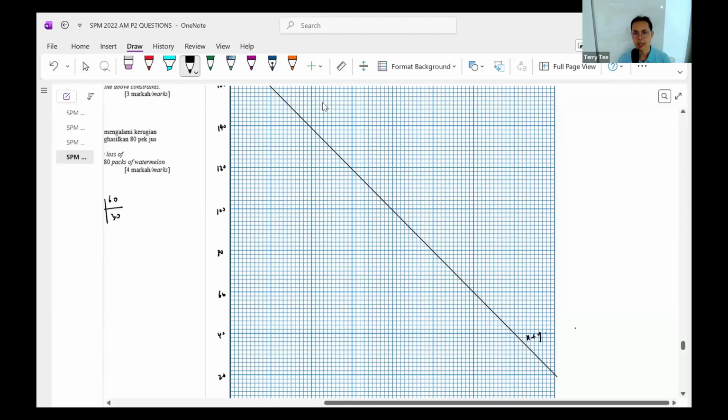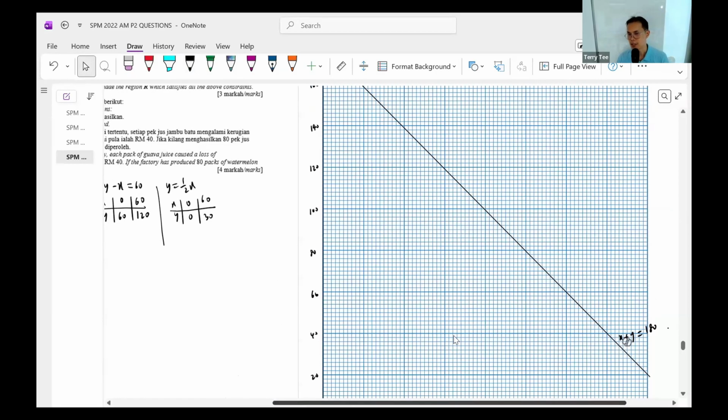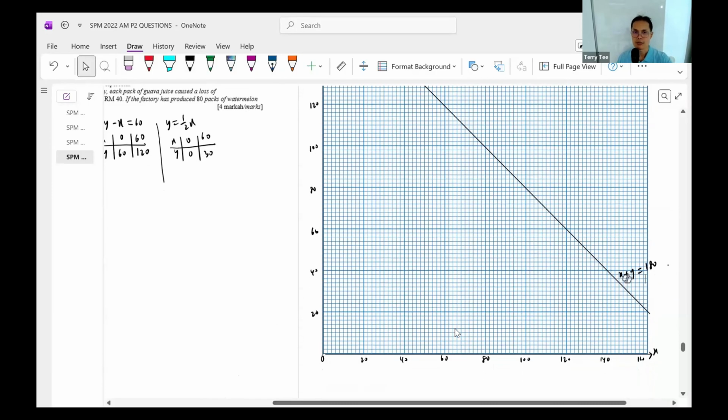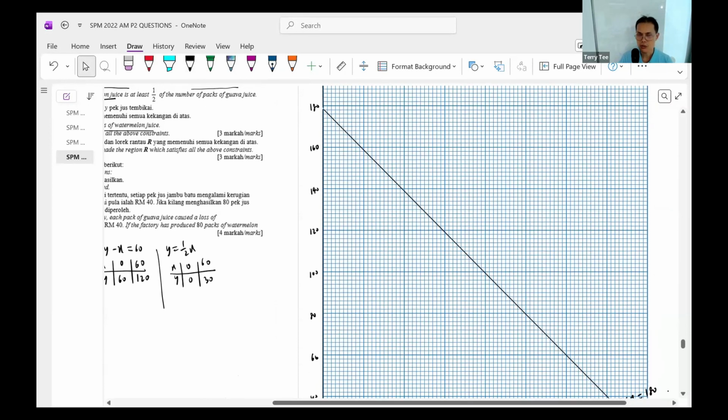Then y minus x equals 60 is 0, 60 and 60, 120. This one, be careful. You need to use a dotted line because it's non-inclusive. So although I draw a straight line here, you need to adjust it to a dotted line.